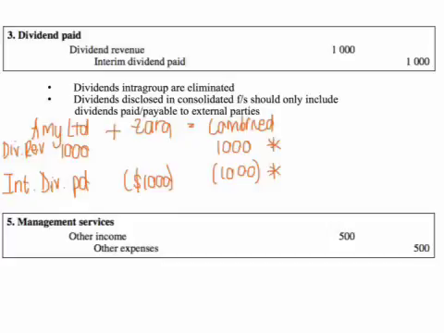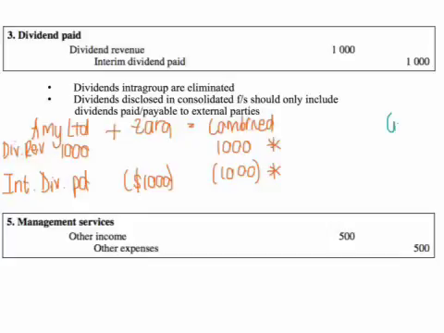Further to that, the aim of consolidated financial statements is to only reflect the transactions where we engaged with external parties. So we need to reverse this entry, because the dividends that we disclose in the final set of financial statements should only include the dividends that were paid or that are payable to external companies.